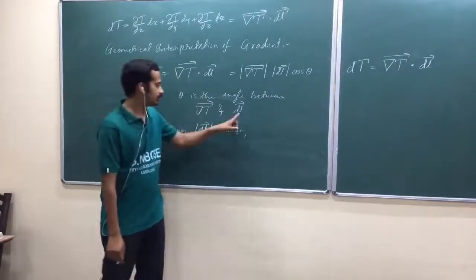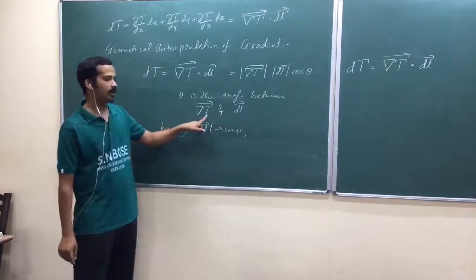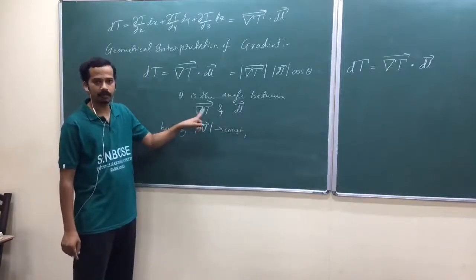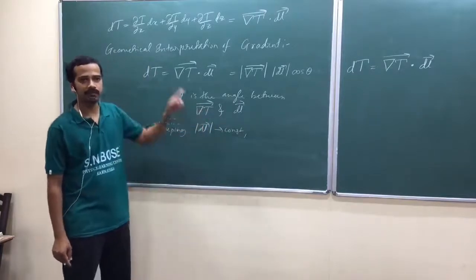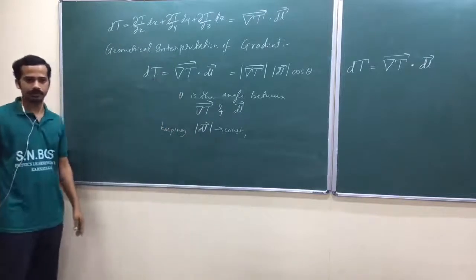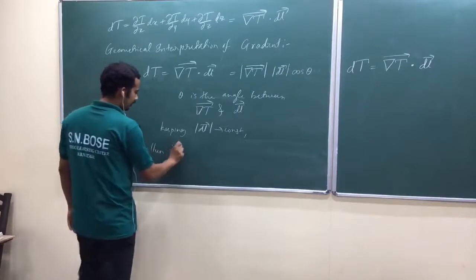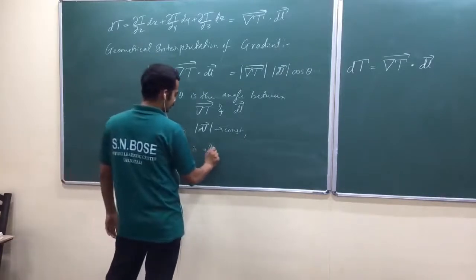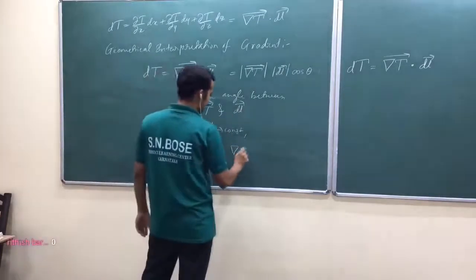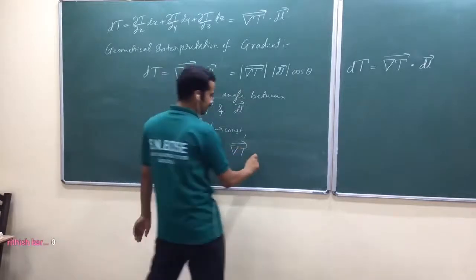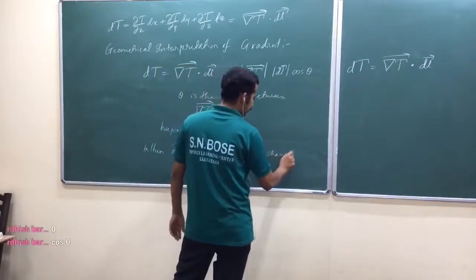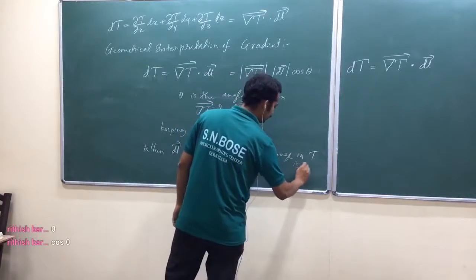When you make the displacement along the gradient of T, you are getting maximum change in temperature, isn't it? So when dl vector is along gradient T, change in T is maximum.